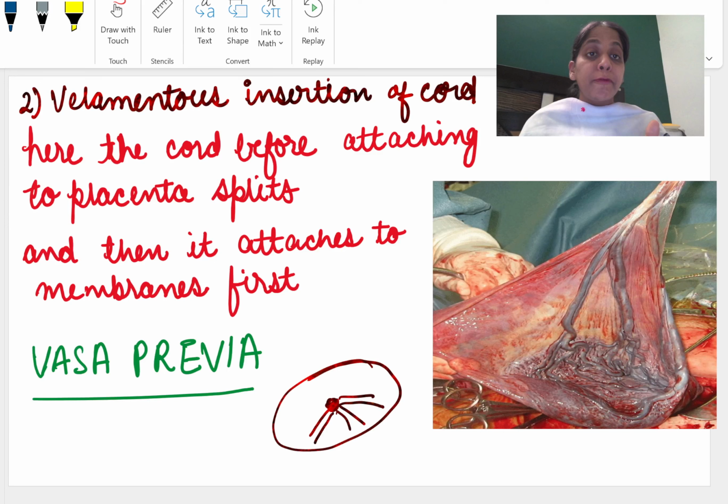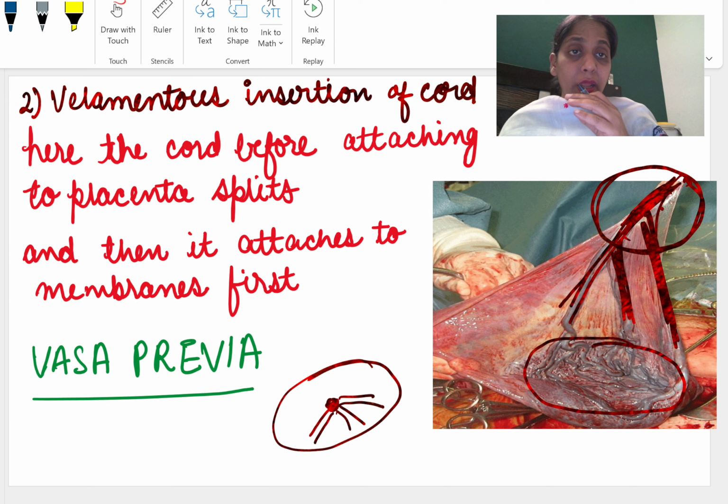Rather than inserting in the placenta, this cord has inserted in the membranes. This is also known as filamentous placenta, or membranous placenta, because the insertion of the umbilical cord is at the membranes.